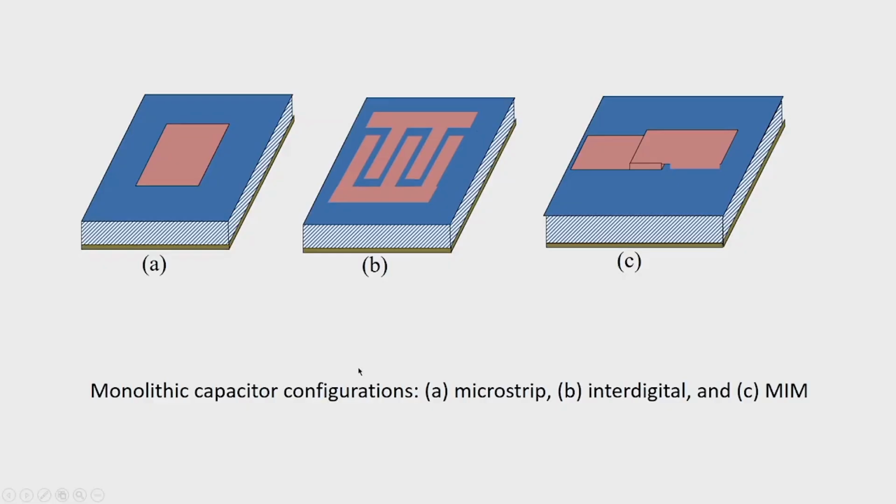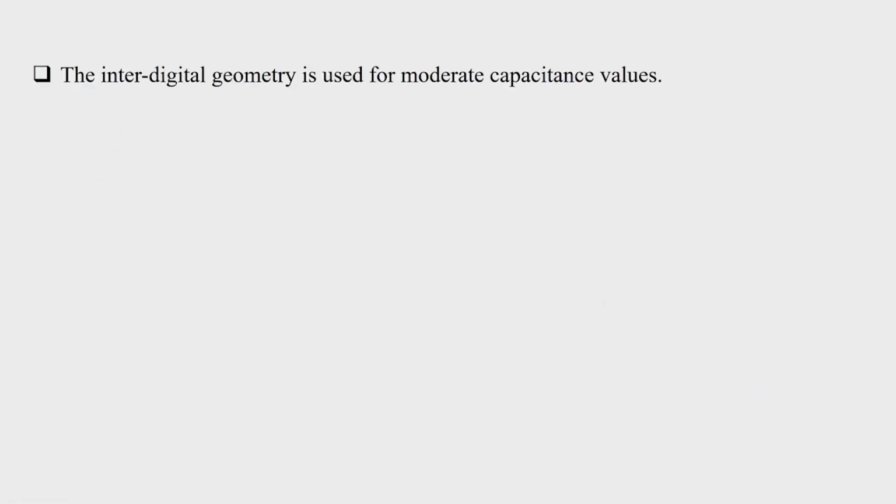Monolithic capacitors can be realized in various configurations. We have microstrip configuration, interdigital structure and MIM or metal insulator metal configuration. Interdigital geometry is used for moderate capacitance values.